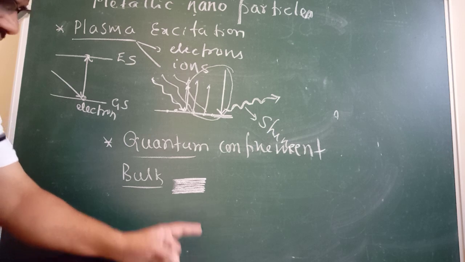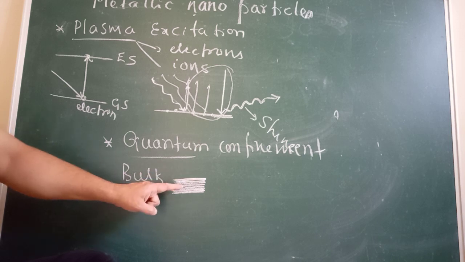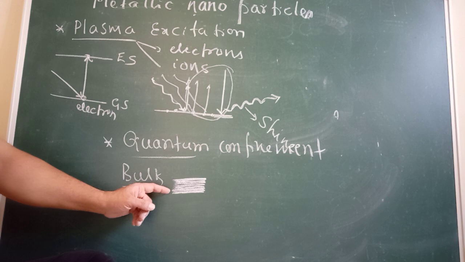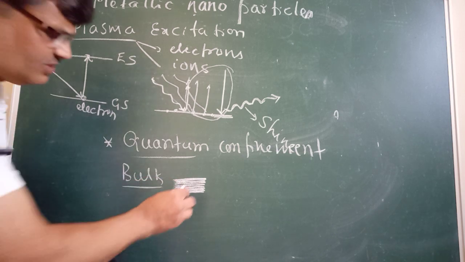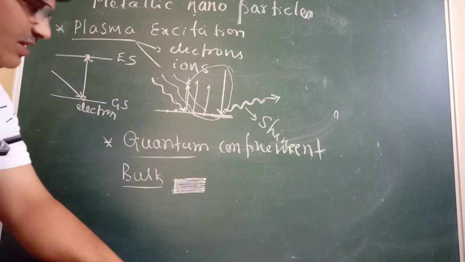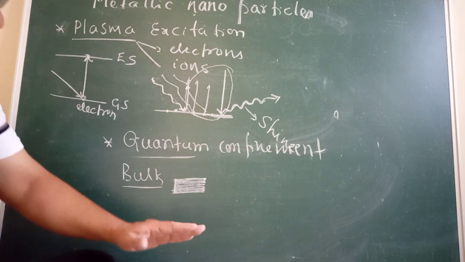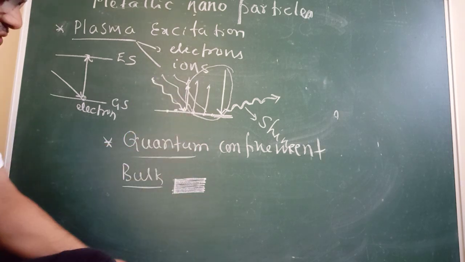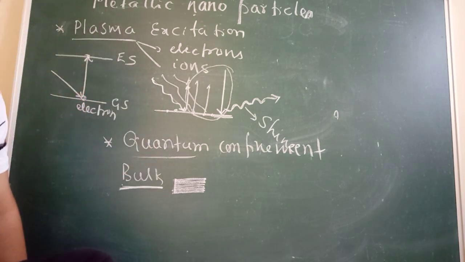When you draw a number of lines representing the different energy levels, it appears like a patch. The difference in energy is almost continuous. This happens in bulk, where a large number of atoms are put together.